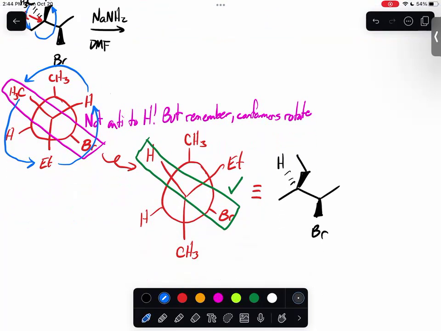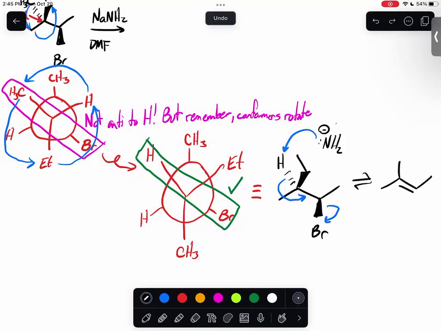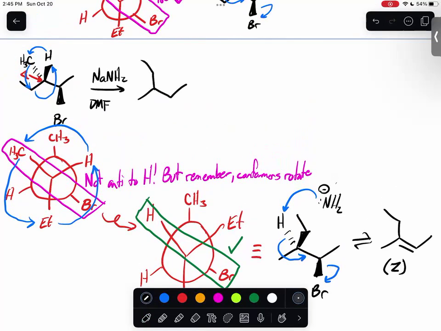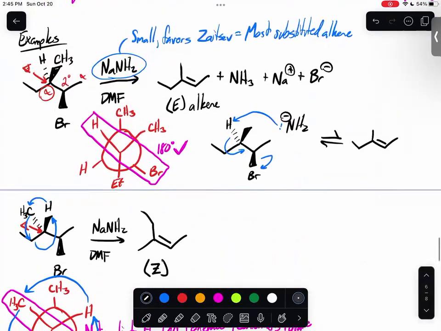Because looking at this now, if our NH2 minus comes in, acts as our base, grabs that proton, we form the alkene, we kick out the bromine. Notice that the alkene that we have formed, because all of our stereochemistry disappears on the alkene because it is sp2 and it's planar, now the ethyl group is pointed upward where this is now Z, right? So essentially, depending on the stereochemistry, you can get either the Z or the E alkene, right?